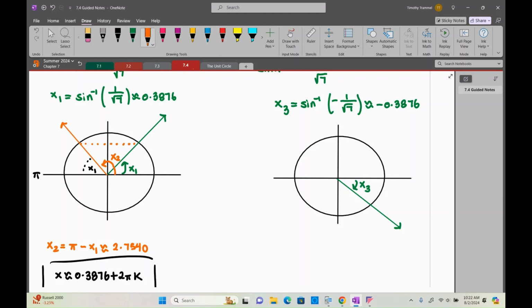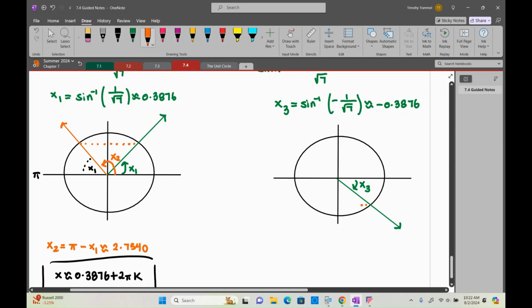If I scoot over this way, I'll end up there. And so this angle here is what x4 is going to look like. But do note that this little bit right here is the same as x3.